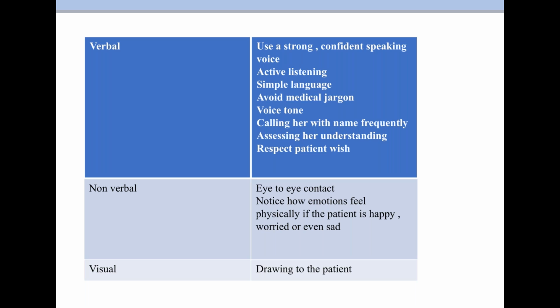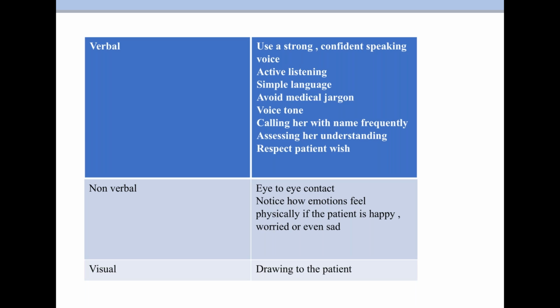Sometimes you may give her a signpost before you speak. If you think that you will take a long time in counseling or giving the options of treatment, you can tell her, I will tell you all the information, but at any point, feel free to stop me if you want to ask about anything or you need any further explanation about any point.